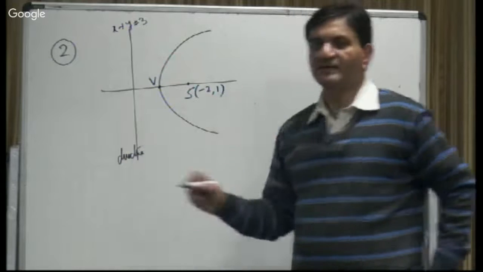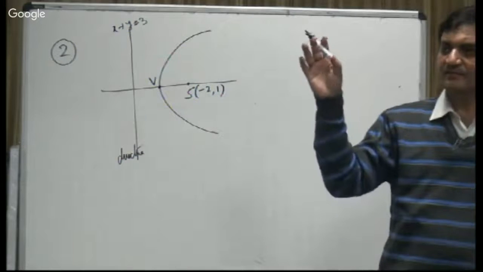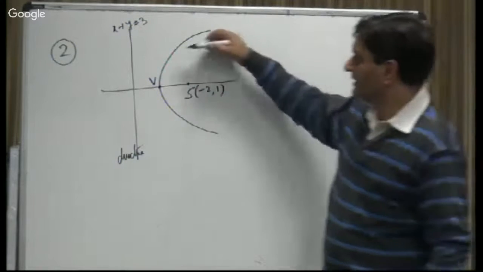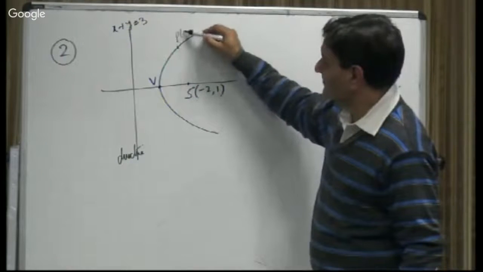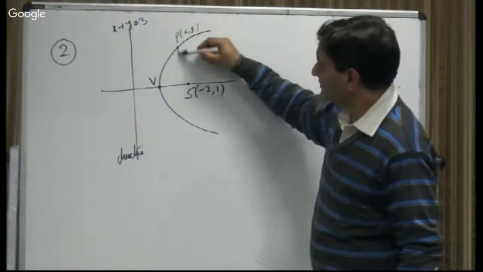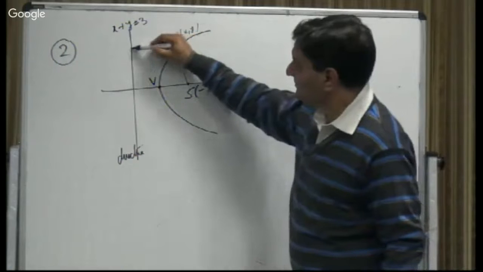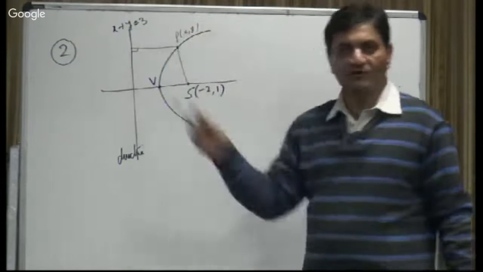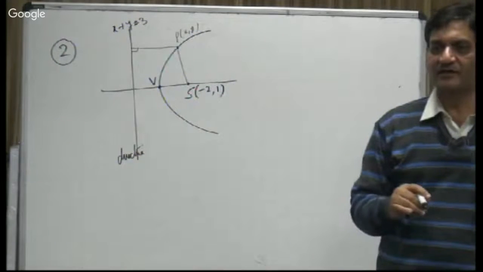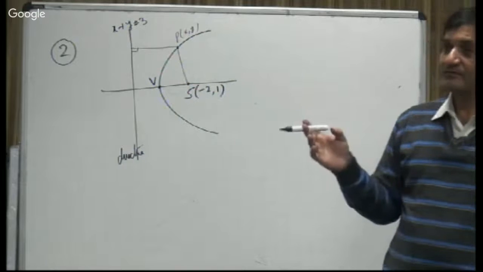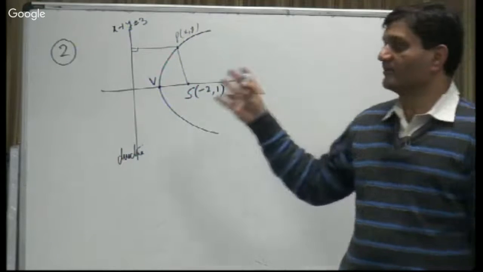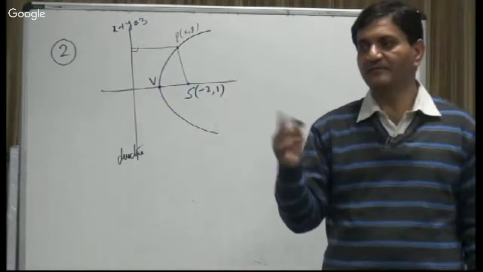See, one way is you can first find the equation of the parabola. If you take a point P here, (x, y), this distance is equal to this. And then you will solve it. You will get the equation of the parabola. And then from the equation of the parabola, you will be able to find the vertex, but that will be a lengthy process.